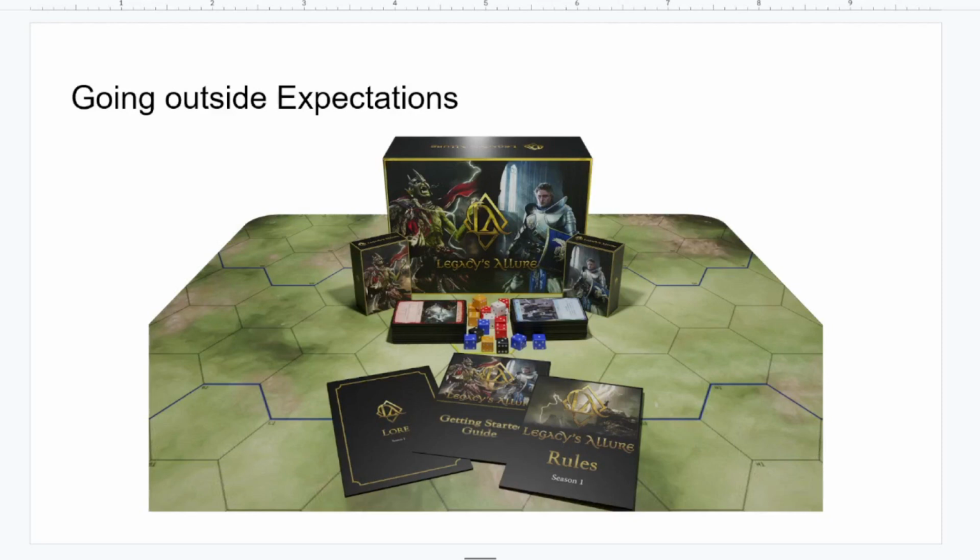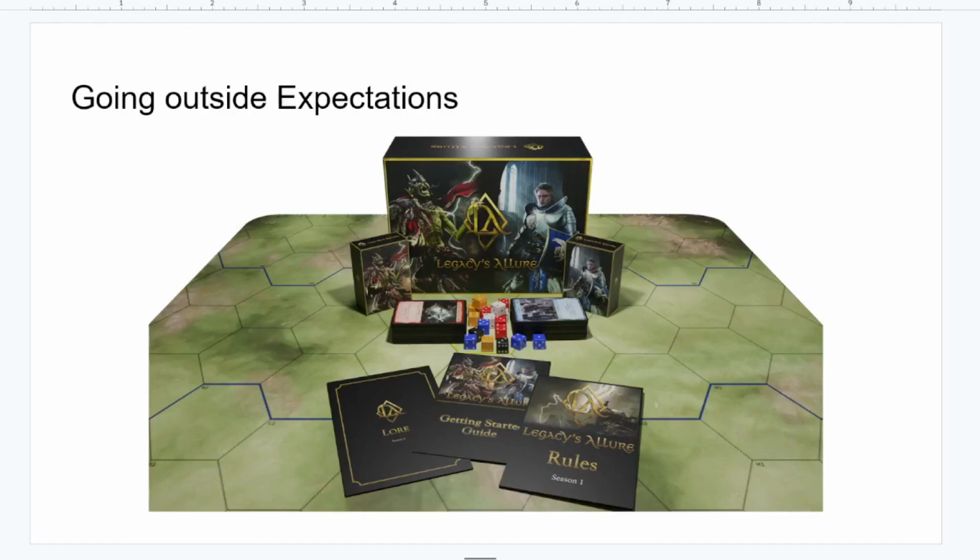And it was meant to be very fast to play. And I was like, okay, that's really interesting that he's using these genre expectations to say, hey, we're a war game that kind of breaks the mold. So it's not to say that you need to rigidly adhere to the expectations of your genre, but they're always important to keep in mind, because if you are breaking those expectations, that is going to be something important that you need to convey to your players and customers. And that's why I use Legacy's Allure as the example here.